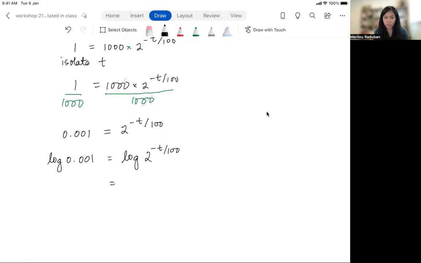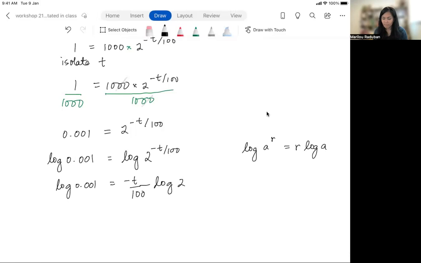Instead, you have to use the rule log a to the r is equal to r log a. So the minus t over 100 comes in front of the log, and you have log 2, applying that rule for logs. And the left side would still be log of 0.001.